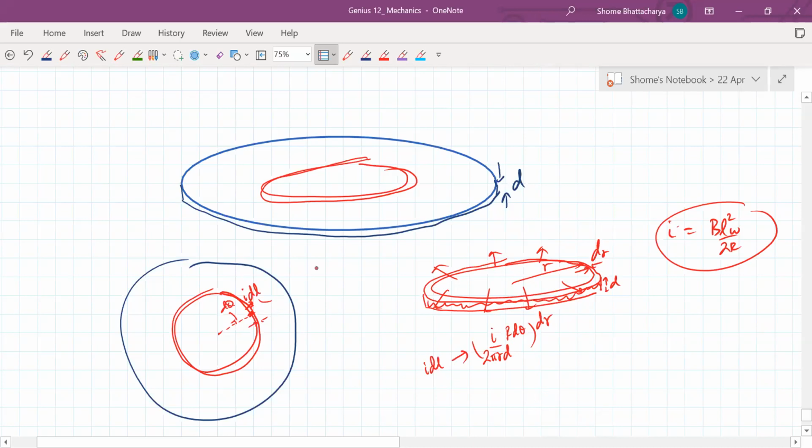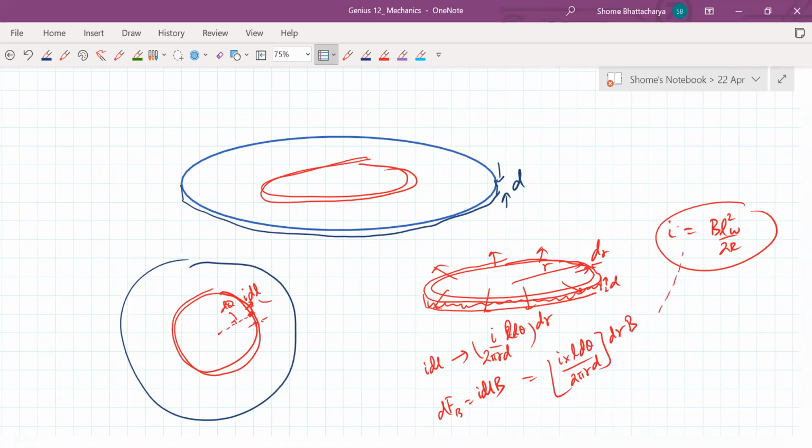That will experience a tangential magnetic force of how much? I dl into B. So that is I into capital R, actually I've taken as L, so L d theta divided by 2 pi R d, into dr. That's I dl into B, where B is that magnetic field.